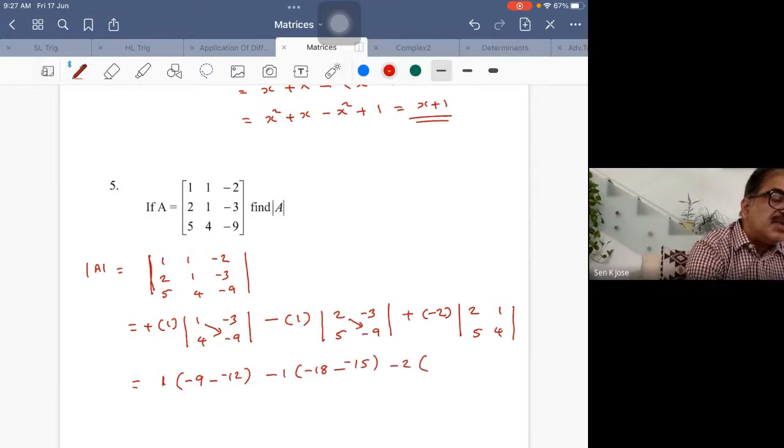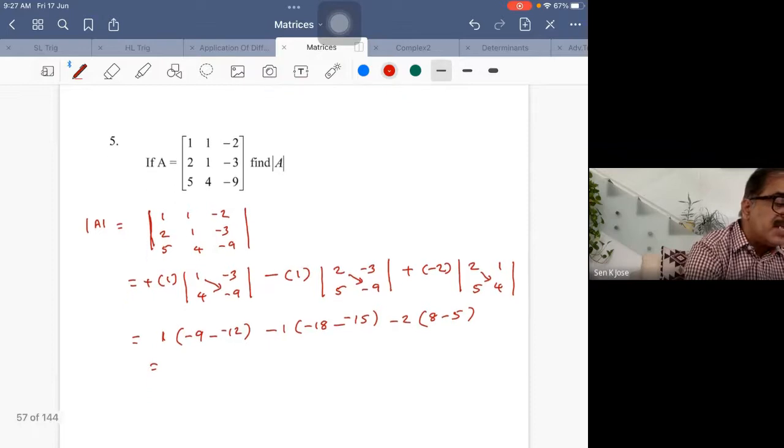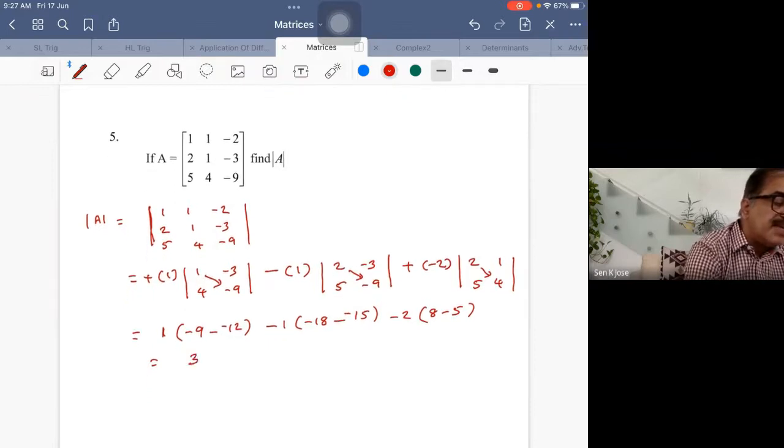Minus 2 into cross multiply, 2 into 4 is 8 minus 5. So that's going to be minus 9 plus 12 is 3. Minus 1 into minus 18 plus 15 is minus 3. Minus 2 into 3. So that is 3 plus 3 minus 6.